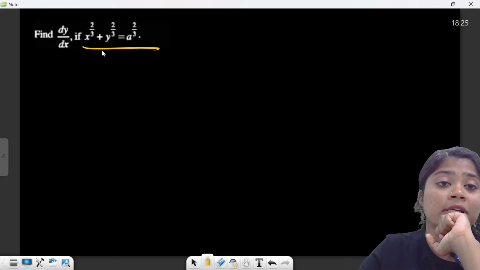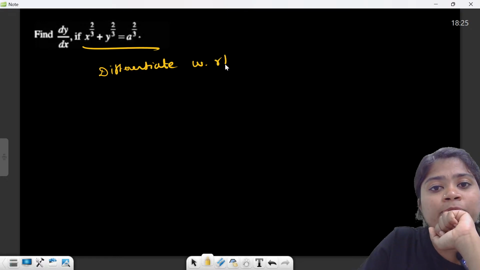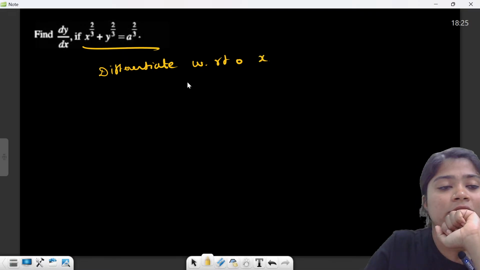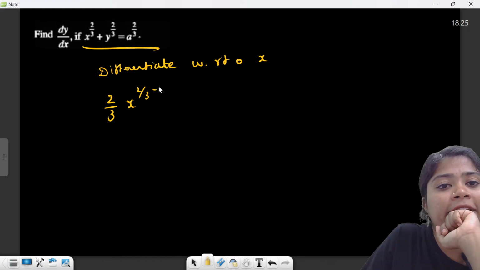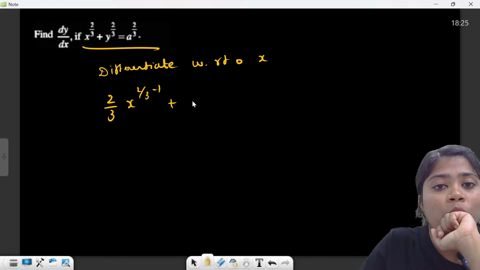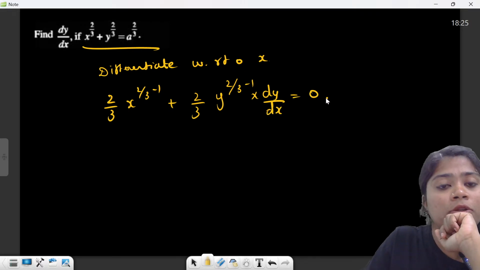Let's solve this. So we differentiate with respect to x. So how to do that? 2 by 3, x to the power 2 by 3 minus 1, plus y, 2 by 3, y to the power 2 by 3 minus 1 into dy by dx is equal to 0.